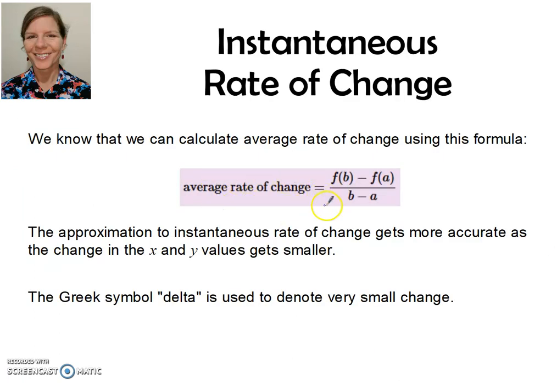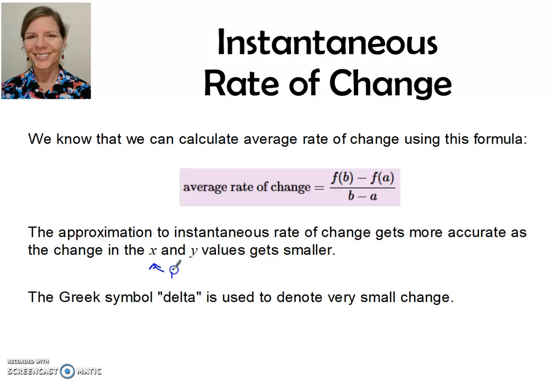So we know we can calculate the average rate of change using this formula, which is what we've been doing. And we know that the approximation to the instantaneous rate of change gets more accurate as these values get smaller, so as the change in x value gets smaller. So basically it's the change in x value, not really the change in y, so this is that interval.